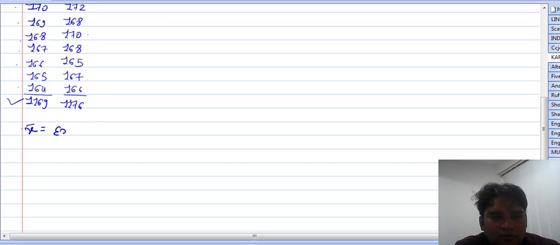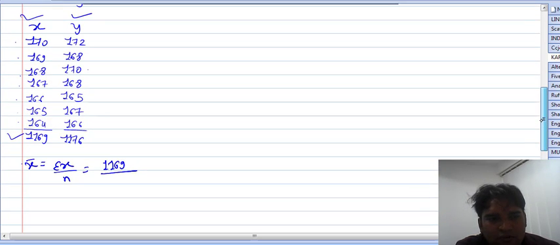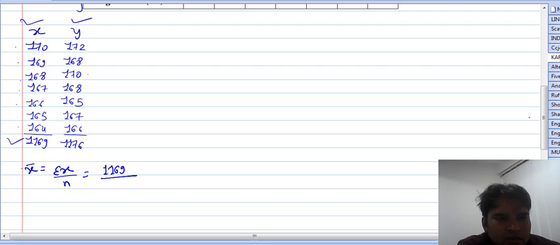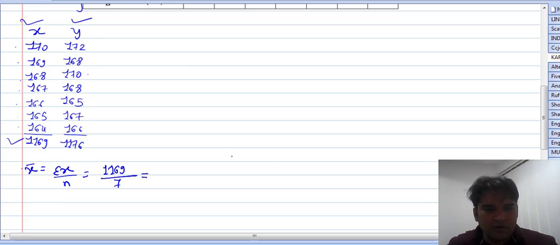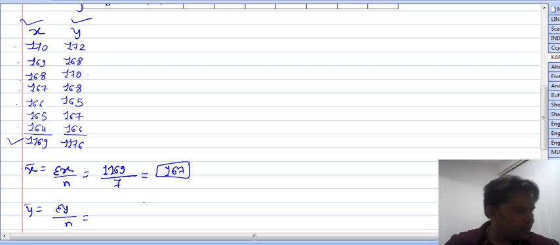You know how to find it: sigma x upon n, 1169 divided by the number of observations. How many observations are there? There are 7 observations. So 1169 divided by 7 comes to 167, right? And y bar is sigma y upon n.